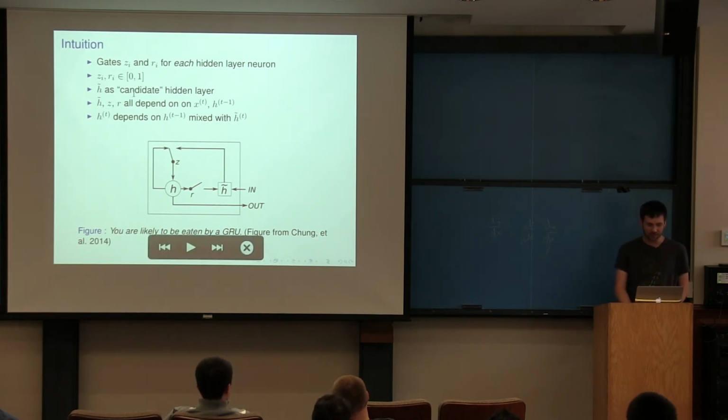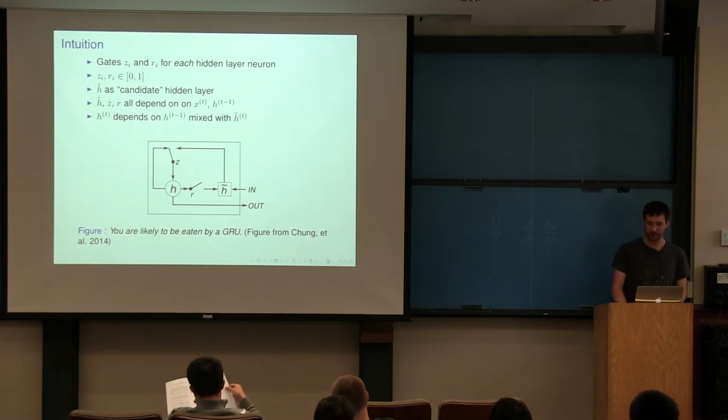And then there's this H tilde thing that is sort of a candidate hidden layer, and basically that gets prepared as if it were just a normal recurrent network, based on the input from the reset gate, and then gets mixed into the output based on the value of the output gate.